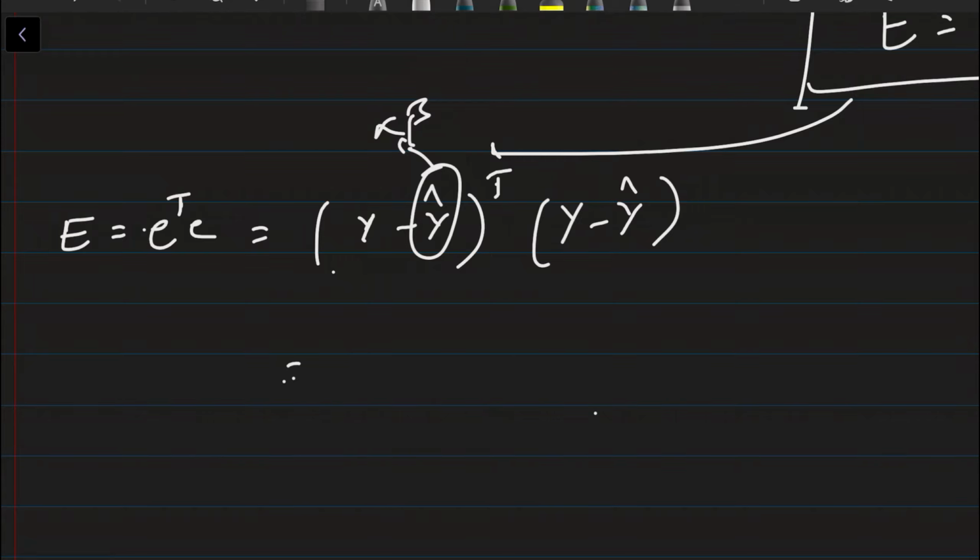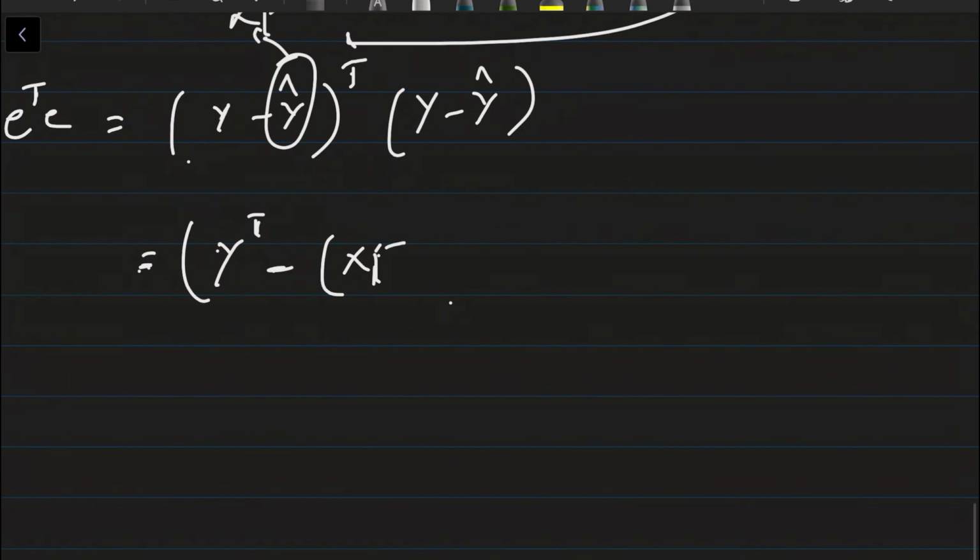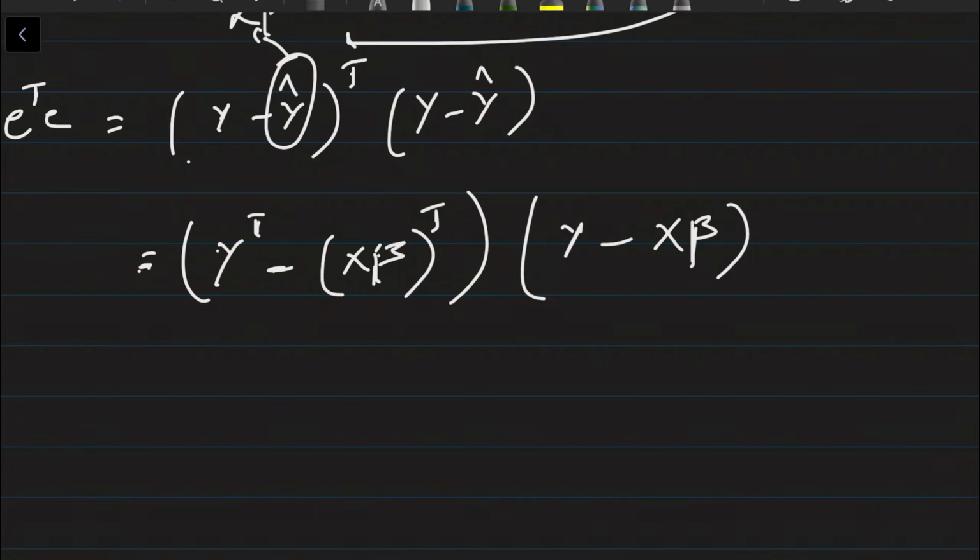So let's substitute that. So it is Y minus X beta transpose into Y minus X beta. Okay, so this is the simplified thing.